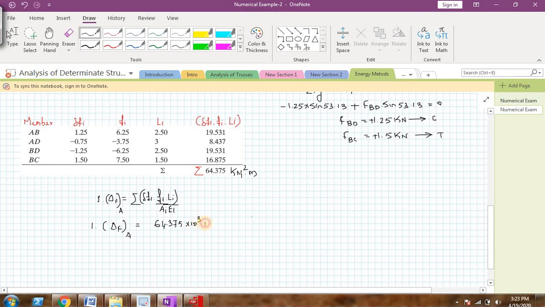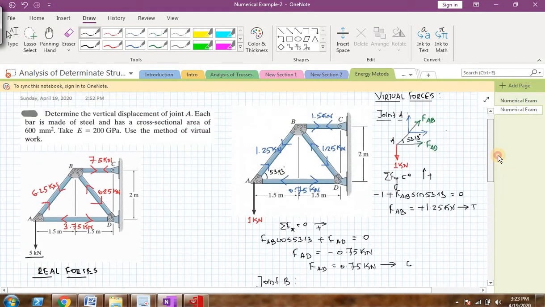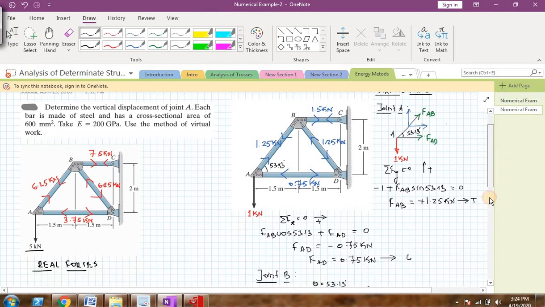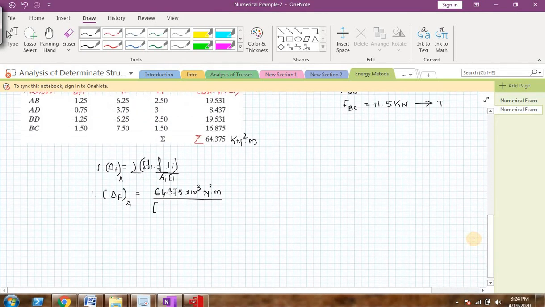10 raised to 3 newton square meter divided by, so A is actually given as, let me check, 600 millimeter square, and E is 200 gigapascal. So let me represent A in terms of meter square.